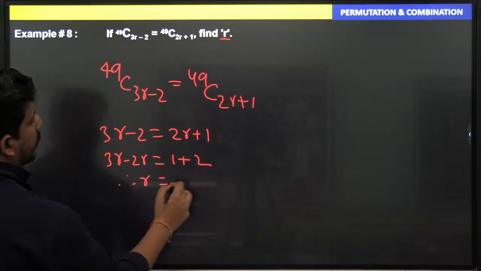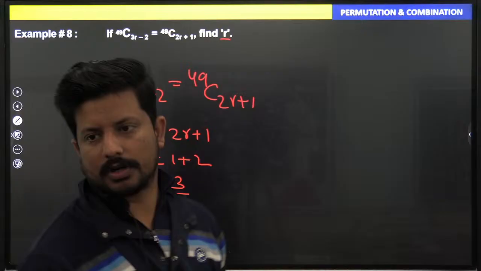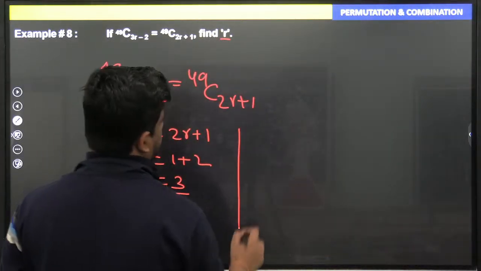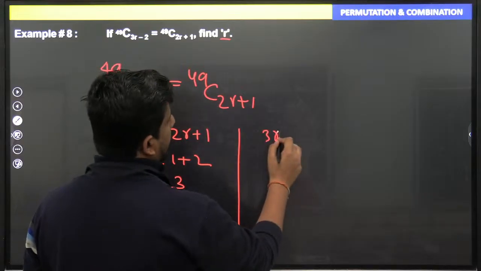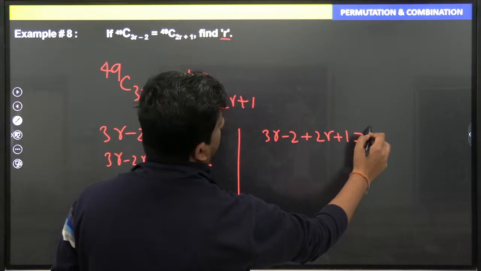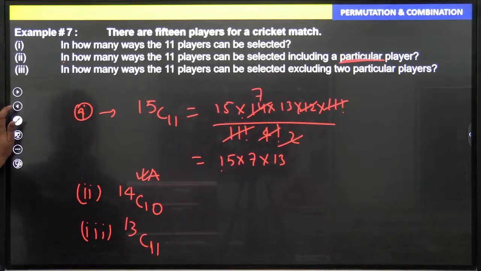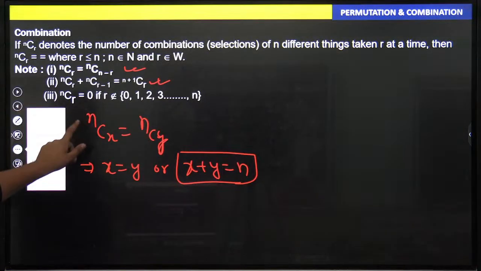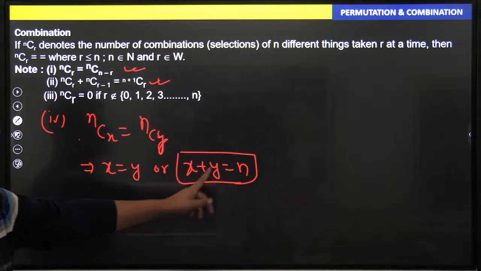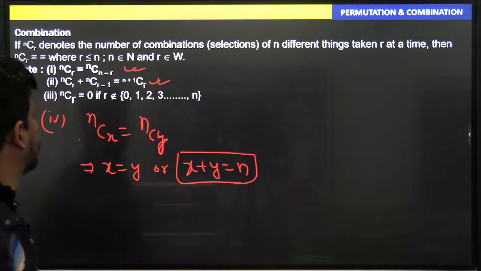Therefore r equals 3. But 3 is not the only answer. One more answer comes like this: 3r minus 2 plus 2r plus 1 is equal to 49. I already told you that if nCx is equal to nCy, then x equals y or x plus y equals n. So there are two solutions for this particular problem.